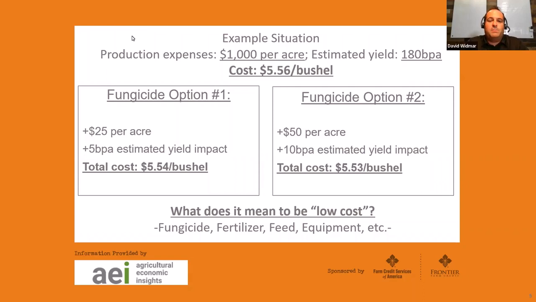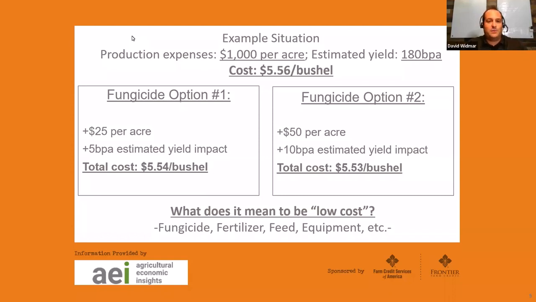But this per output basis, per bushel or per head basis, per pound basis, allows us to think about those trade-offs between total expenses and productivity. So this is a fungicide example. We also see it with fertilizer. One of the cautions with high fertilizer prices is that if we cut back, we could have an adverse yield impact, and that could really set us back as well.